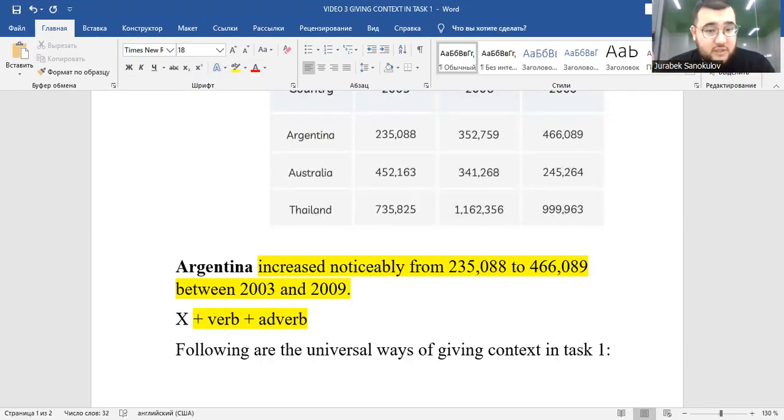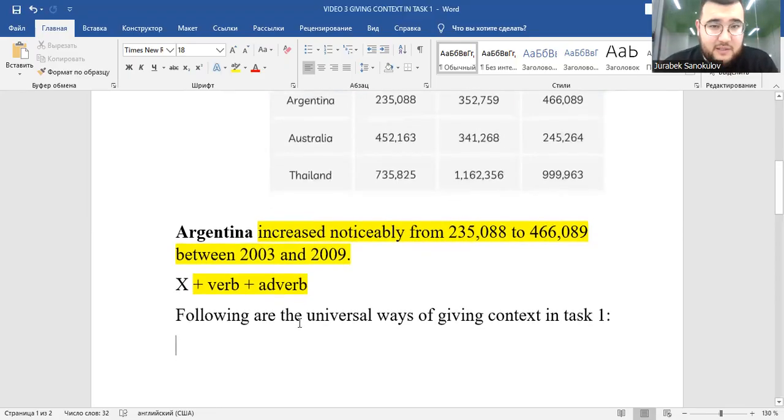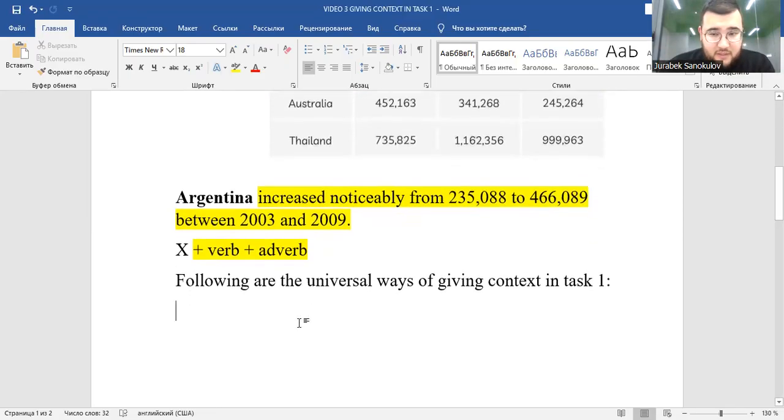And I'm saying universal ways because these ways that I'm just going to show you can be used to describe any information, compare any information, describe any change in graphs where there are numbers, like line charts, comparatives, and mixed. So you cannot do this obviously in maps and processes, because there will be no numbers. So you will use words like this. The number of something, let's just say increased.